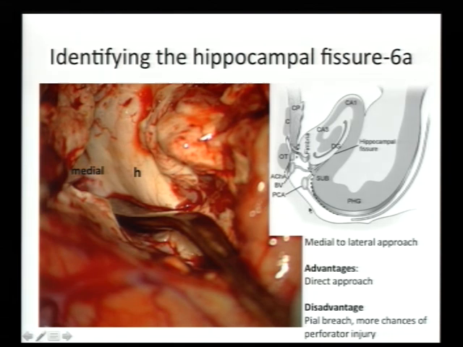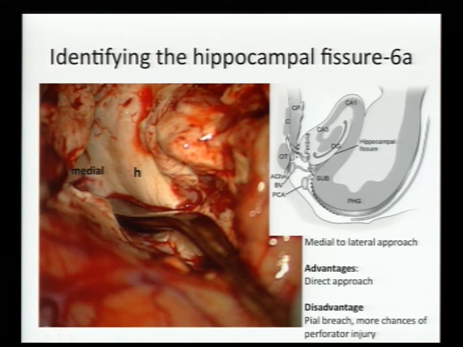Now once you have identified the hippocampus, you have to go medially and you have to identify the hippocampal fissure. So when you identify hippocampal fissure, you have to be very much aware of what are the vessels and veins which are present, which are encircling on the lateral part of the brainstem axis. So you have two vessels.